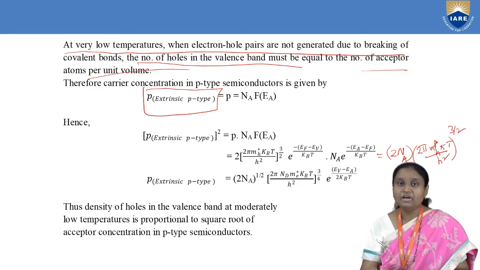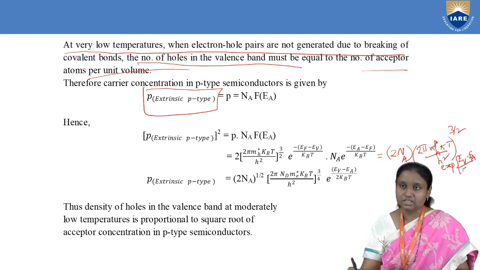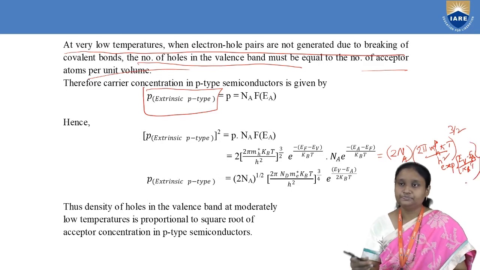And when we simplify the two exponential terms, we get exponential (EV minus EA) by kBT.